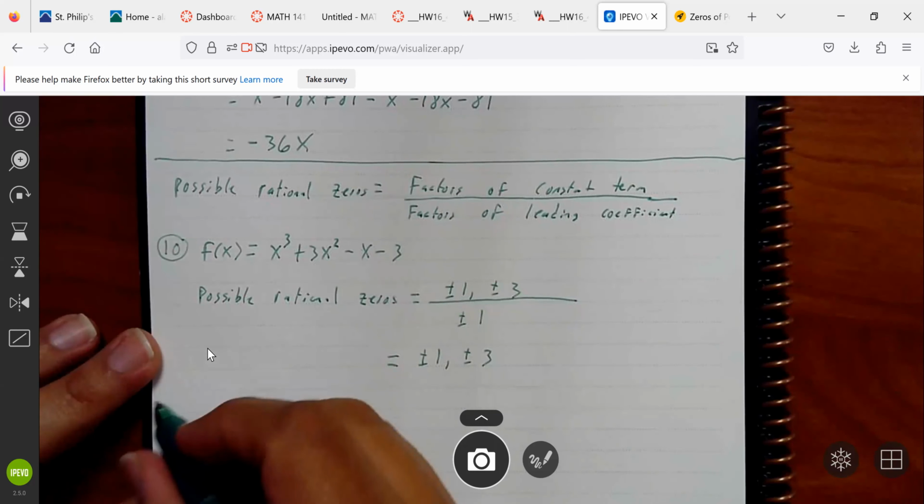So like if the leading coefficient was a bigger number, then you would have a lot more combinations on the bottom, which will result in a lot more possibilities. It will always be plus or minus. Yes. Well, this one's kind of lame.